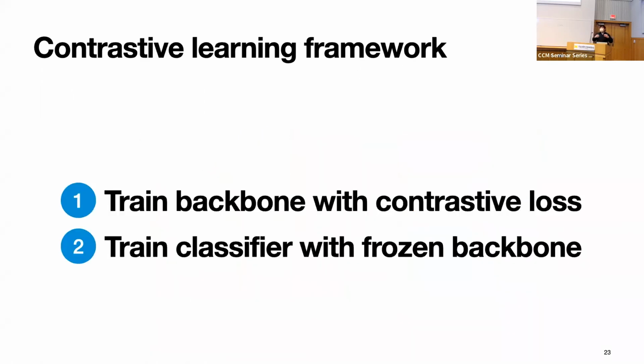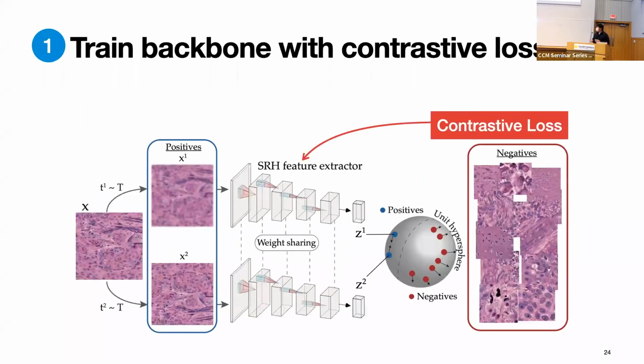So with a contrastive learning framework, we will need 2 steps to train our model. We will first train the backbone using the contrastive loss, and then we will train the classifier with a frozen backbone, right? So let's take a closer look, right? When we're training the backbone, the same image will go through different transformations, and they'll pass through the same network, right? It's the same weights that are learning from the two images generated from the same image.